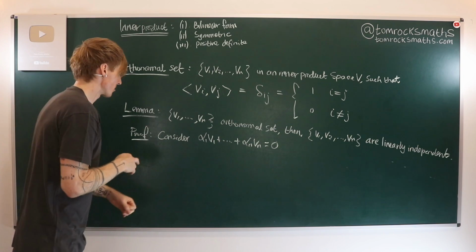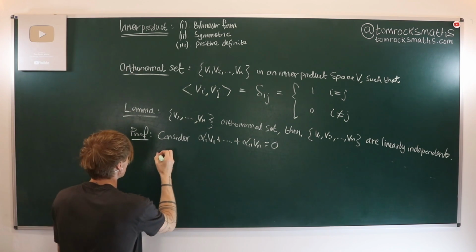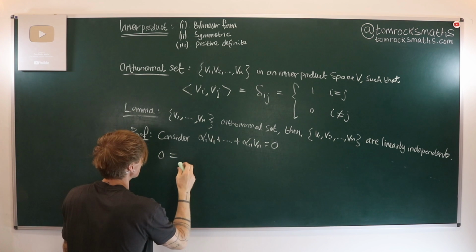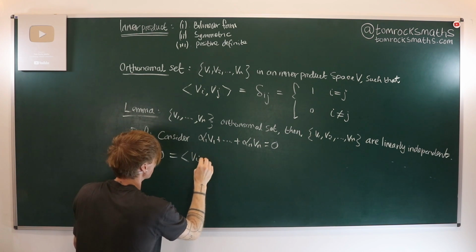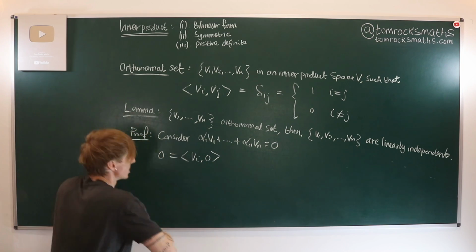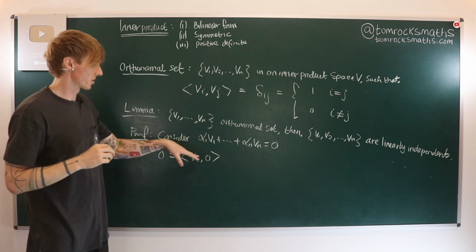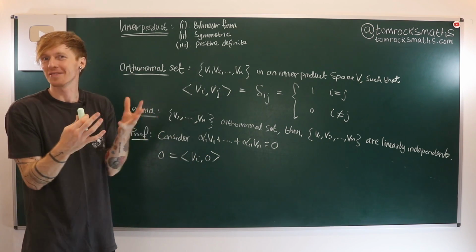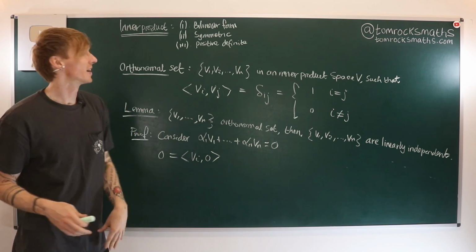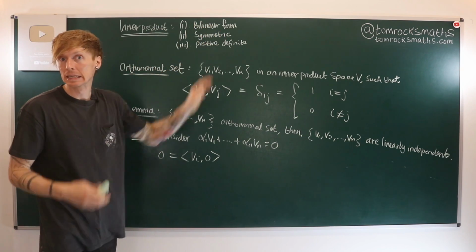So what we do is we start by saying, well, 0 is actually equal to the inner product of vi with 0. Because if we take the inner product of anything with 0, we're going to get 0. That's kind of how inner products work, and that would follow from these properties up here.